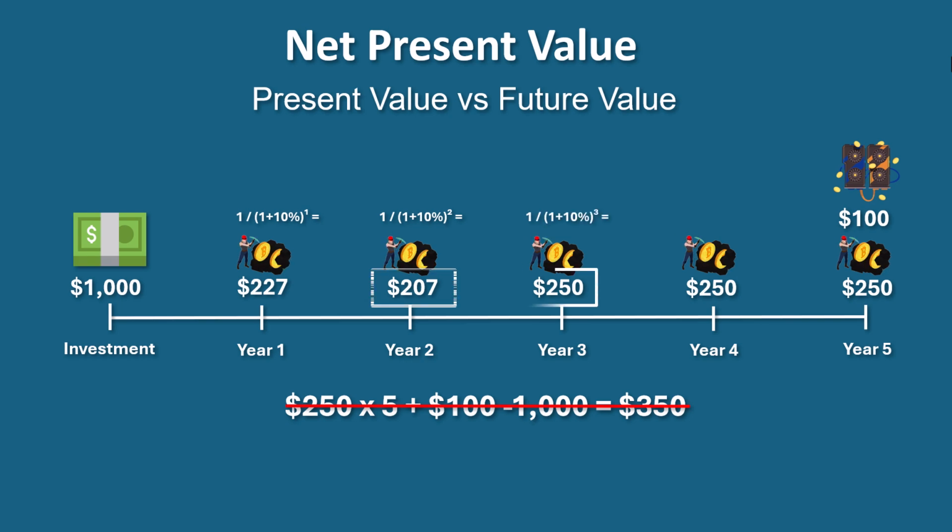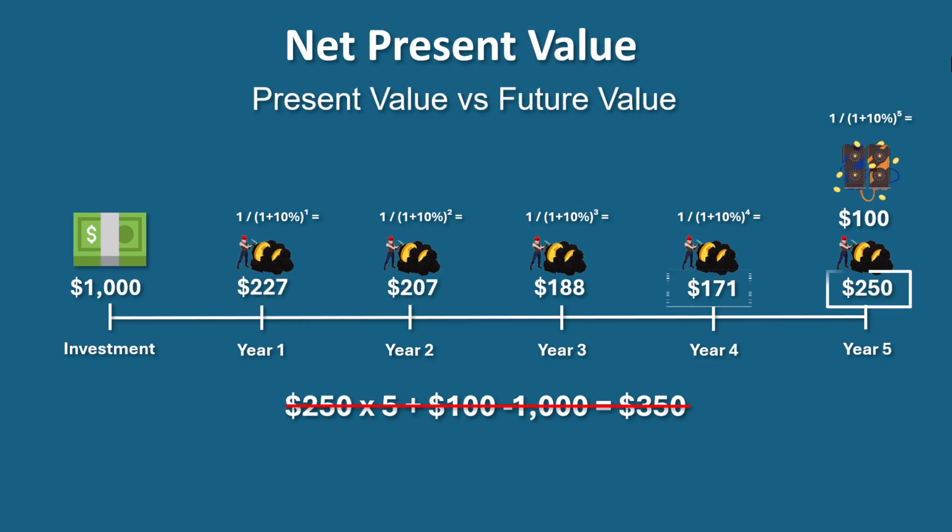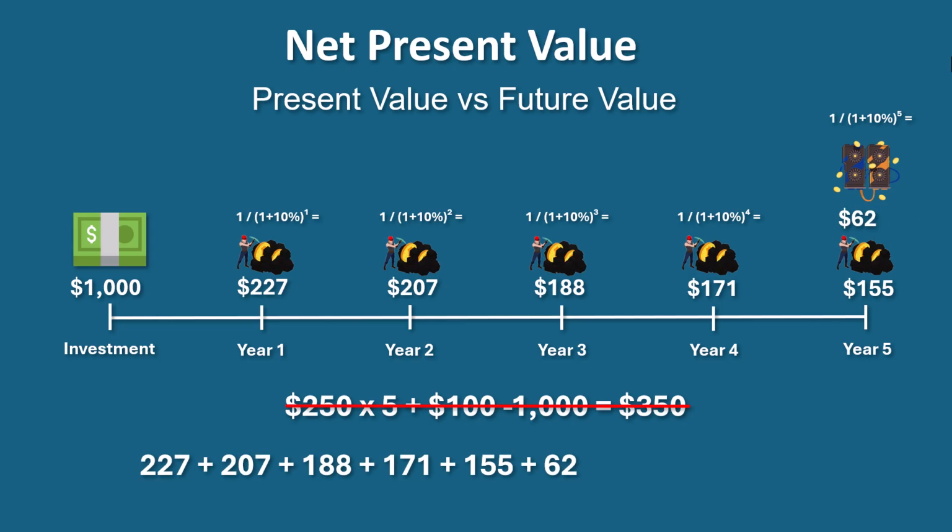For the third year, approximately $188. For the fourth year, approximately $171. And for the fifth and final year, approximately $155 plus $62 from the scrap sale. After summing these, we deduct the initial investment of $1,000 and we get approximately $9.8.